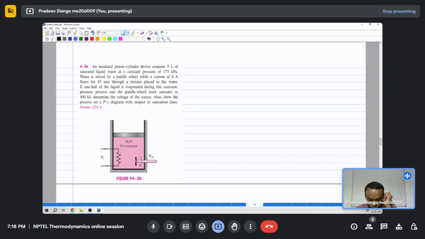So we are going through a constant pressure process, and initially it was a saturated liquid at the pressure of 175 kilopascal, and the water is stirred.